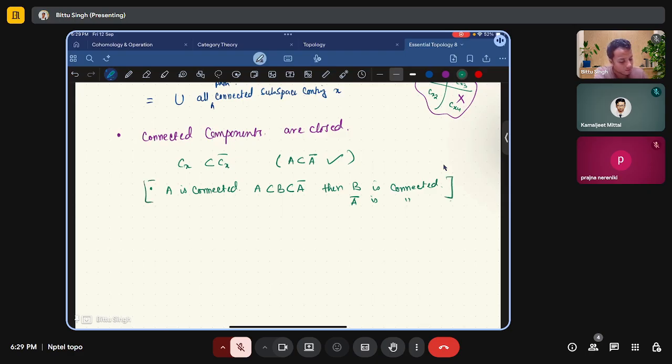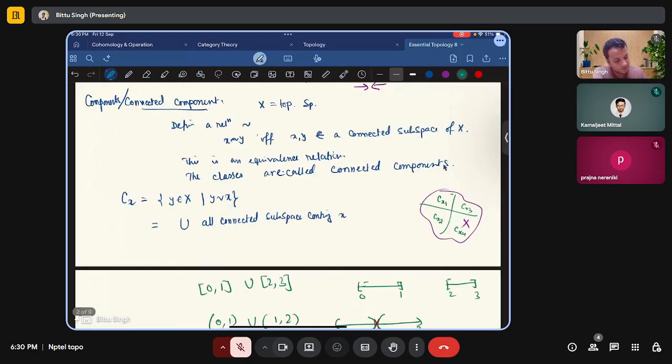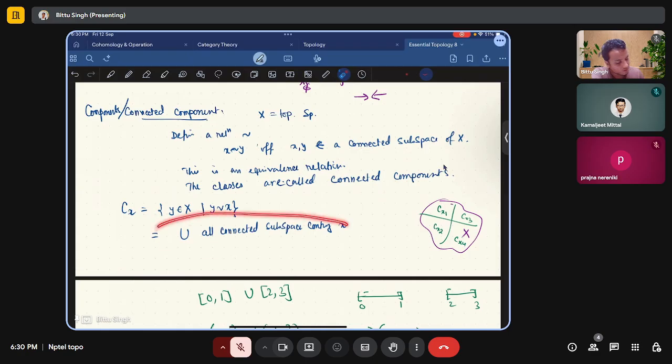So from here it is clear that Cx, which we know is already connected, has Cx bar also connected. But what is the definition of Cx? Cx is the maximal connected set which contains X. Cx is the largest possible connected set which contains the point X.